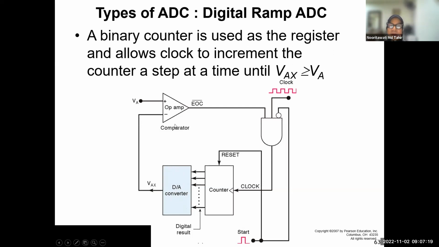Let's say from the name analog to digital converter, meaning kita nak convert the analog signal to its digital equivalent. Okay, and it is being done by this circuit. One of the circuits that can do this is this digital RAM.